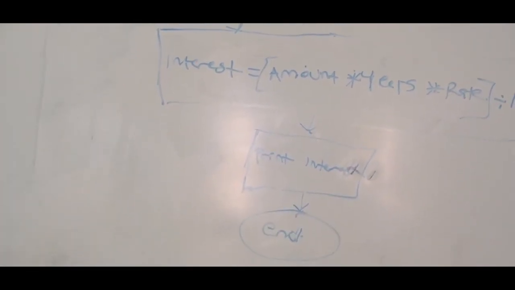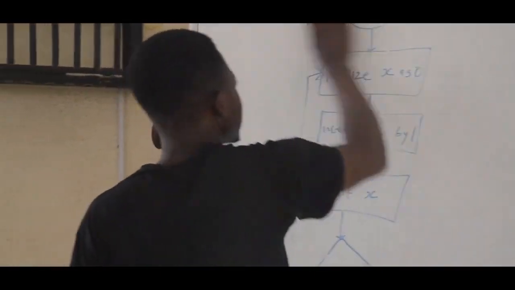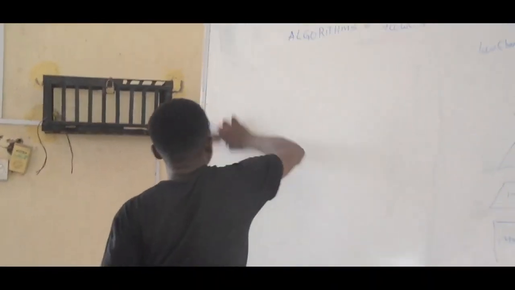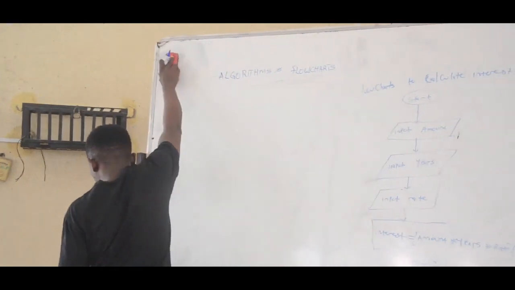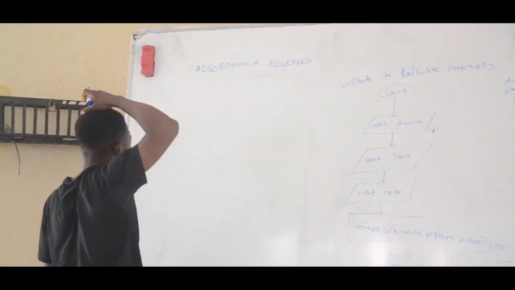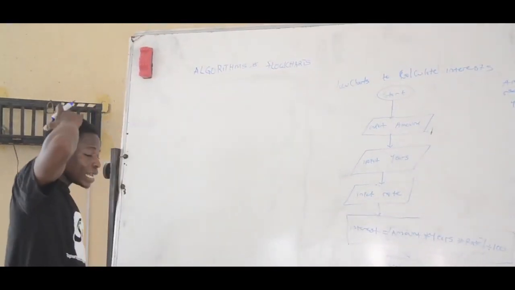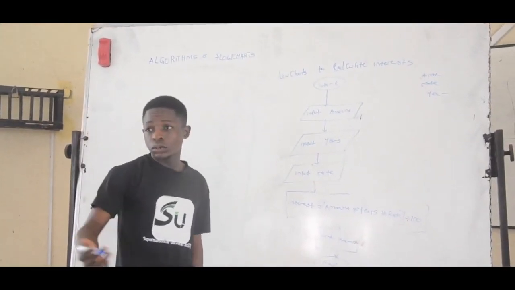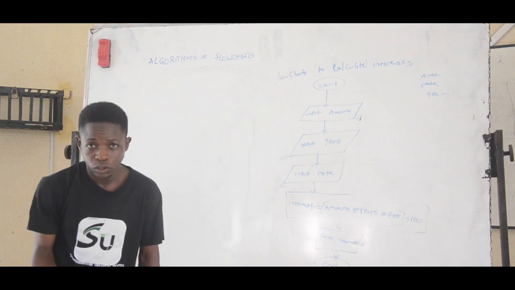Now coming to our last example. You have to be very focused on this last example, because it will deal with determining whether a number is even or odd. You all know what an even number is, and you know what an odd number is.